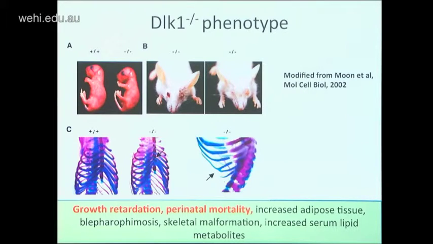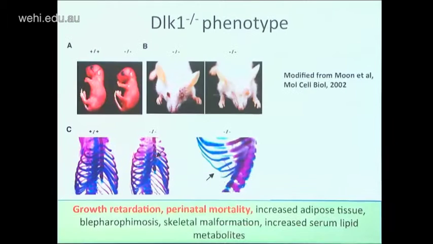As you can see here in the first panel, the knockout pup is obviously much smaller than the wild-type pup, and the knockout mice seem to have this particular eyelid abnormality called blepharophimosis, and they suffer from perinatal mortality as well as increased adipose tissue and skeletal malformations and increased serum lipid metabolites.